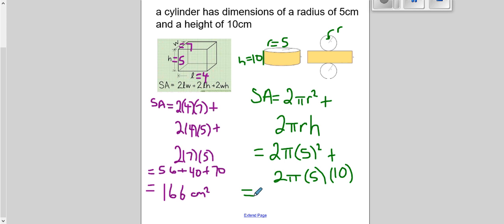So that first answer right here is 2 times pi times 5 squared. I'm getting 157. And then on the bottom here, I'm going to have 2 times pi times 5 times 10, and I get 314.